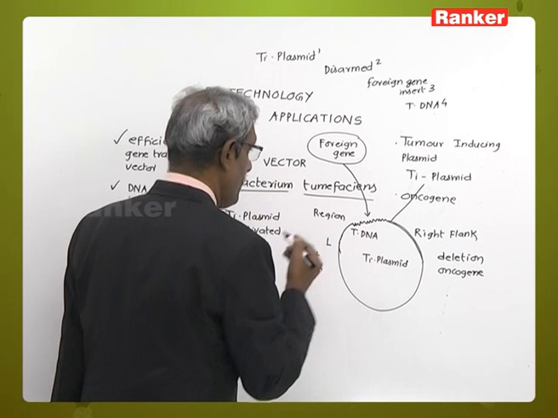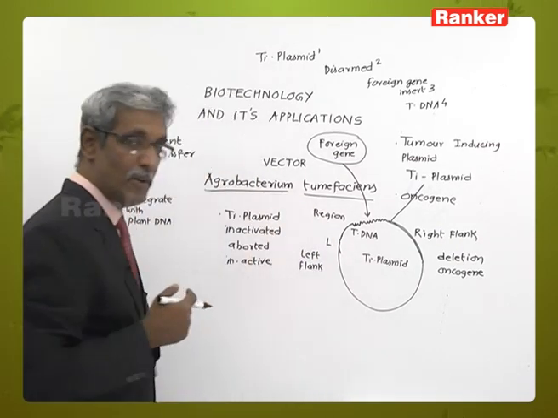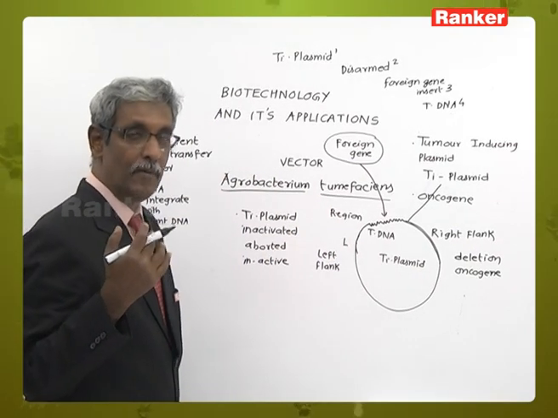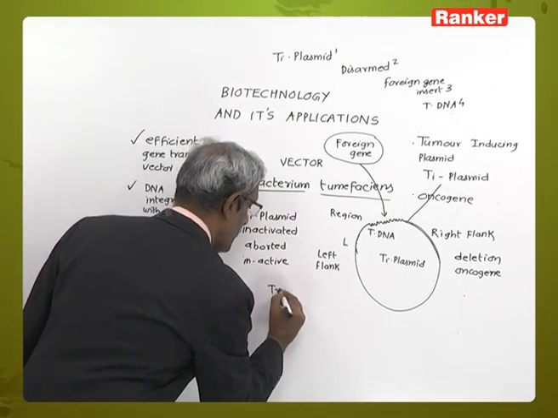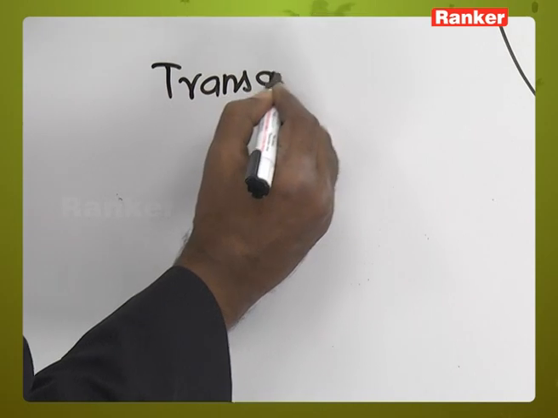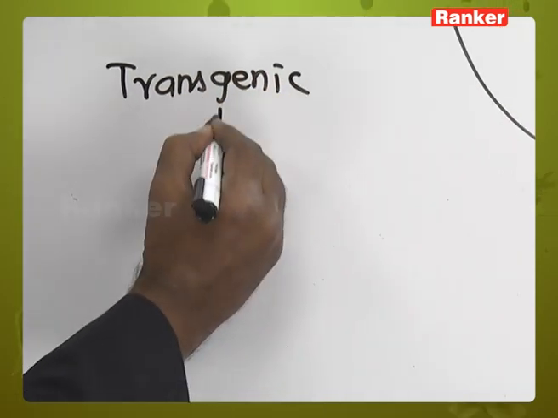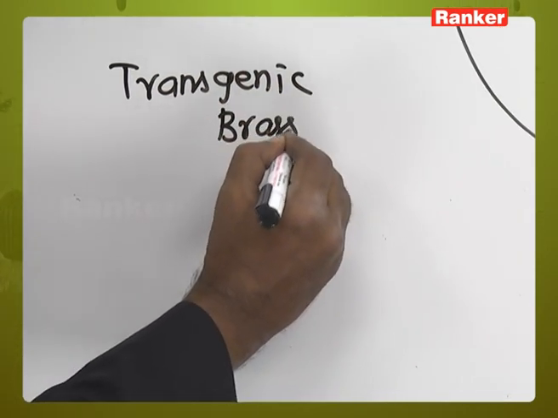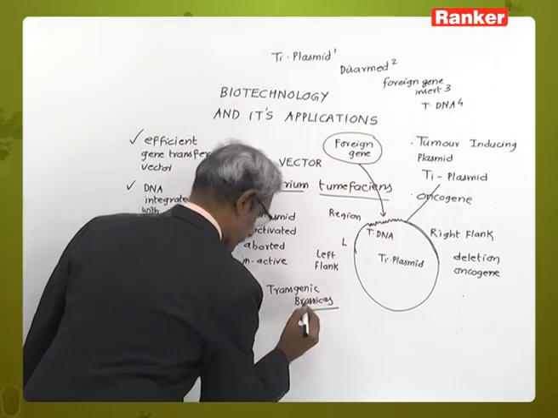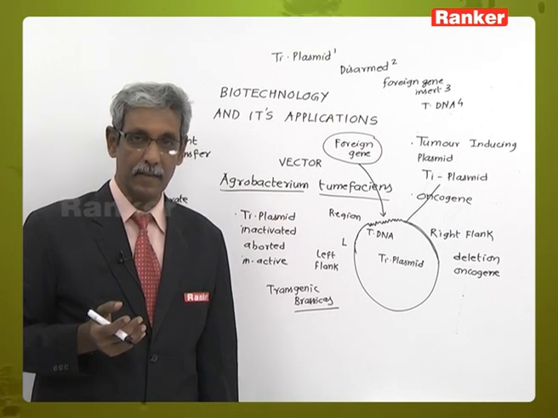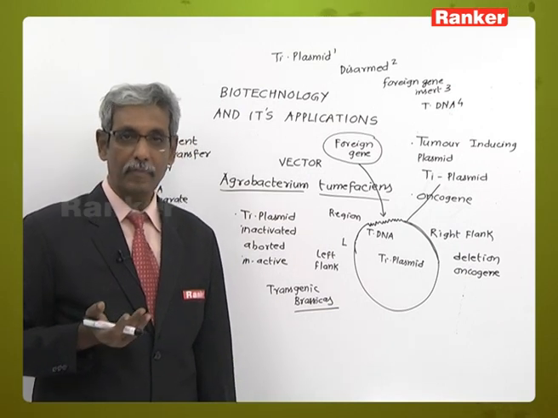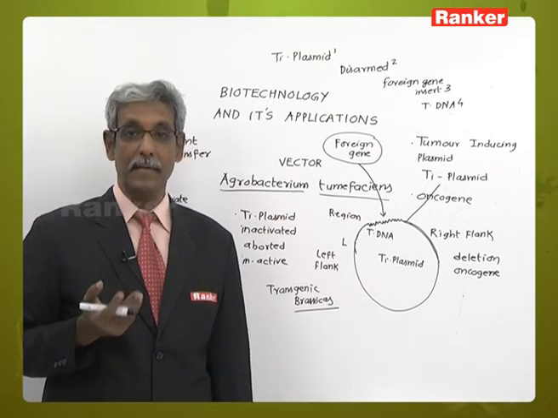Agrobacterium tumefaciens is very efficient in terms of genetically engineering crops, more so with relation to developing transgenic brassicas. If you take your cabbages, cauliflowers, carrots, all of these belong to Brassicaceae, even including mustard.